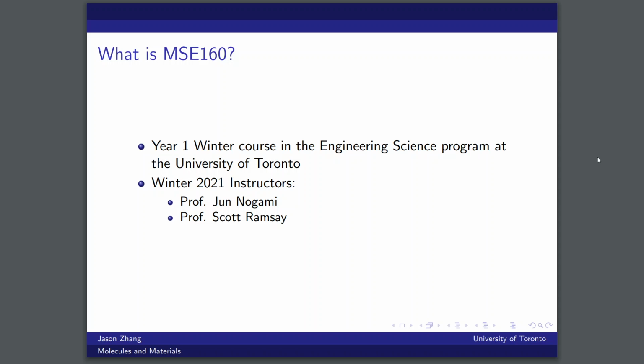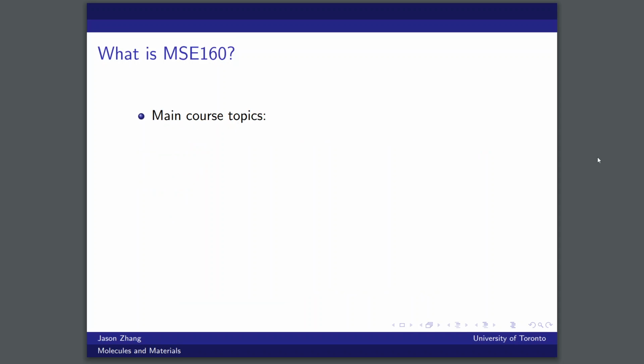So MSE 160 is a year one winter course I took, and when I took it, the instructors were Professor Nogami and Professor Ramsay. It was an interesting course, sort of a material science course. It was less focused on chemistry, so the name is maybe a little misleading, but there are definitely concepts borrowed from there.